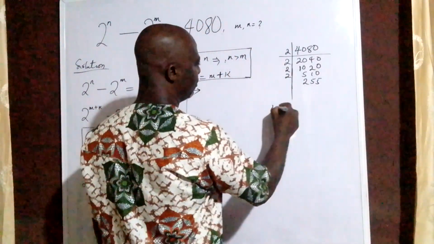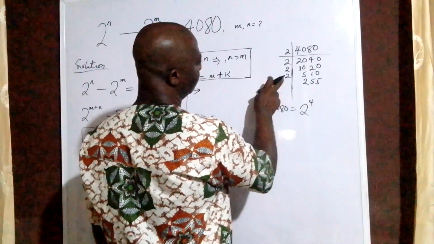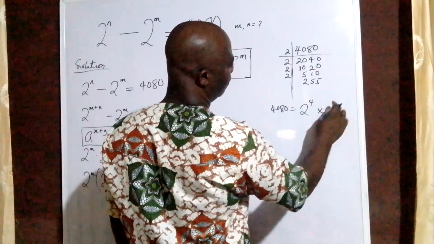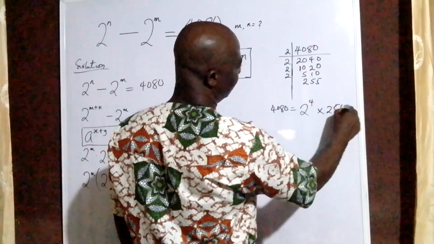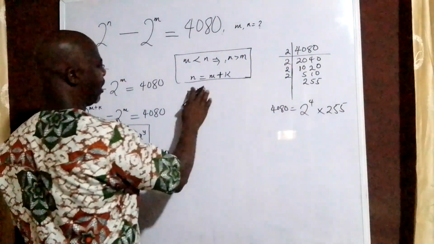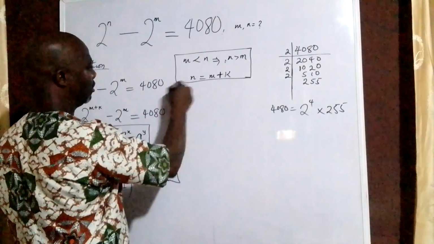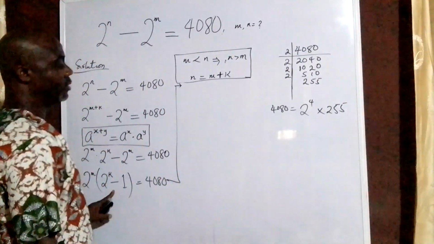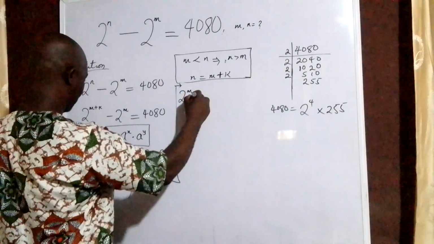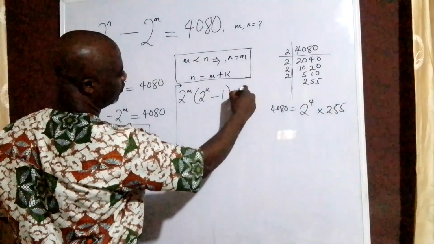So it means that 4080 is the same thing as 2 to the power of 4, that is 1, 2, 3, 4, times 255. Okay, so I can now come here and rewrite my equation as 2 to the power of n times 2 to the power of k minus 1 equal to 4080.